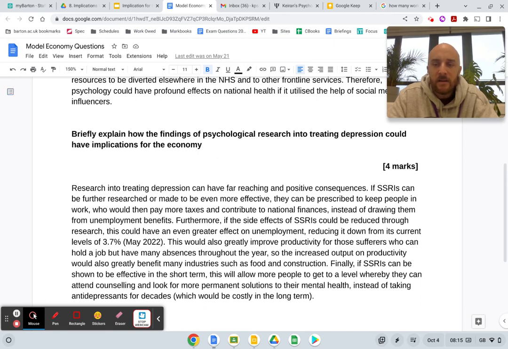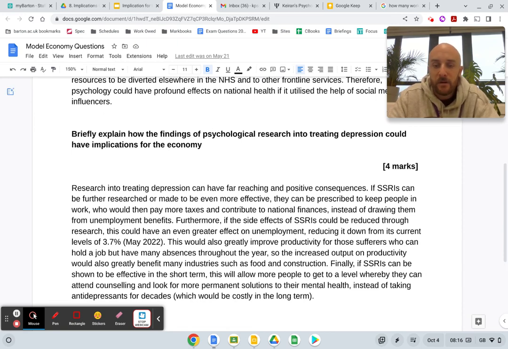If SSRIs, selective serotonin reuptake inhibitors, can be further researched or made to be even more effective, they can be prescribed to keep people in work who would then pay more taxes and contribute to national finances instead of drawing them for things like unemployment benefits. Furthermore, if the side effects of SSRIs could be reduced through research, this could have an even greater impact on unemployment, reducing it down from its current rate of 3.7%, which was what the rate was in May 2022.